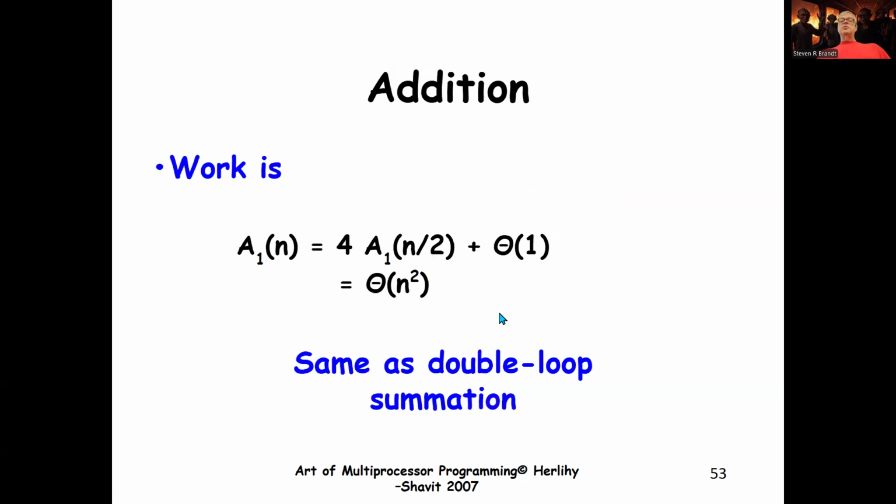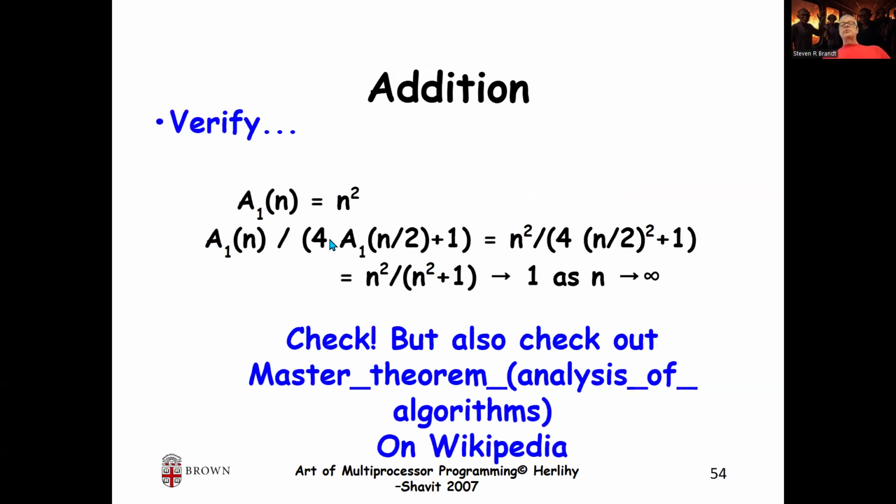That gives you order n squared by the master theorem, which you will encounter many times in your courses in computer science. You can verify it by just substituting an n squared in there.